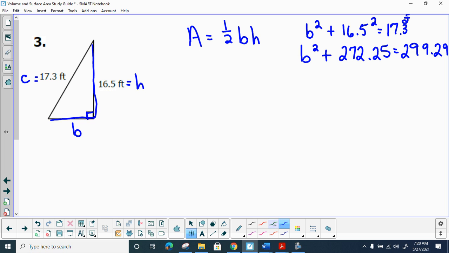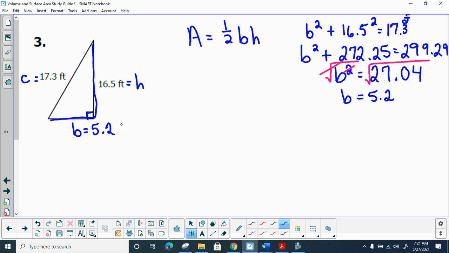Now I will go ahead and subtract the 272.25. And when I do that, get 27 4/100ths. And then to undo the squaring process, we will square root. So that cancels the square. So it undoes squaring something. And the B is 5.2. So now we know the base of our triangle is 5.2 feet.